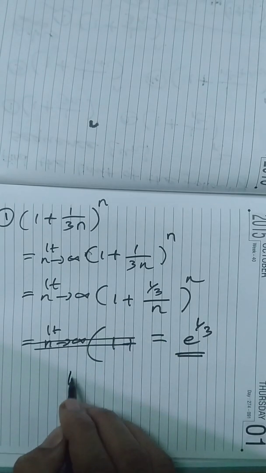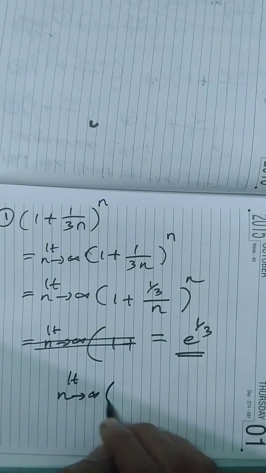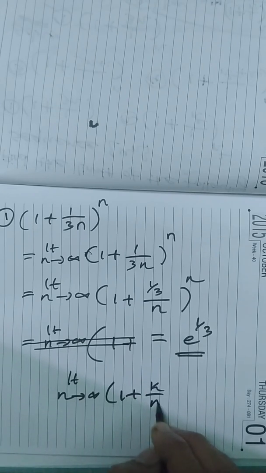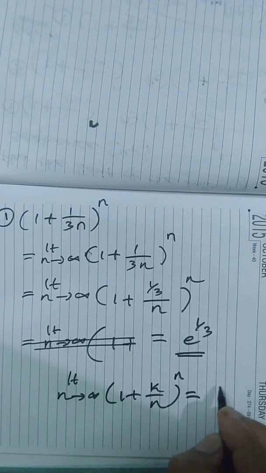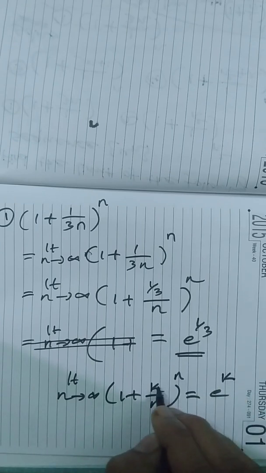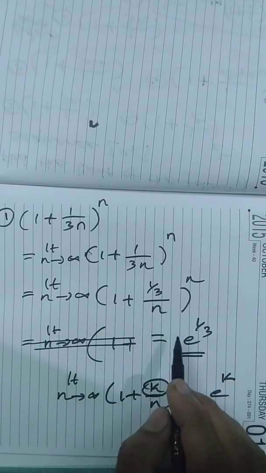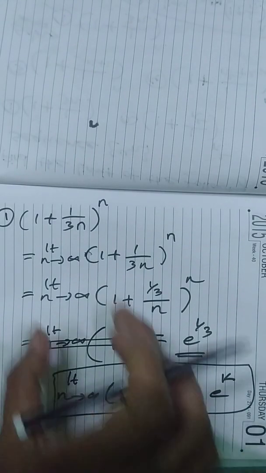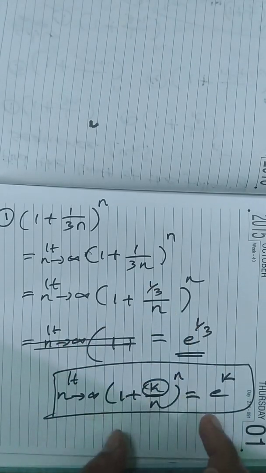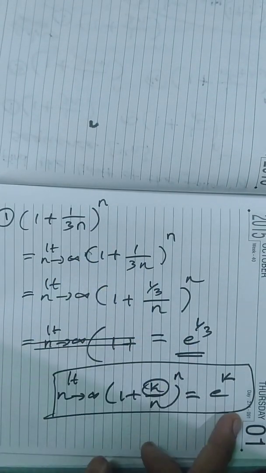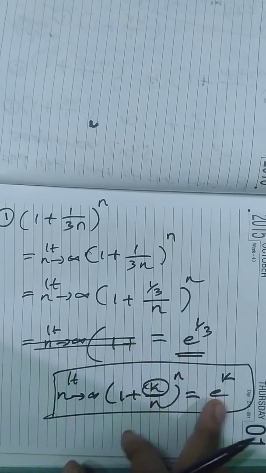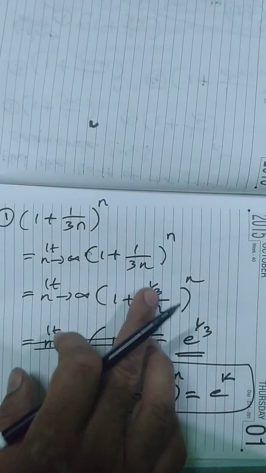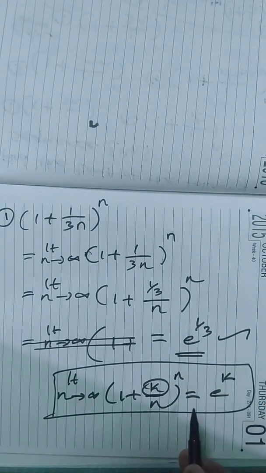Because we know the result, 1 plus k by n power n gives e power k, and where k is, here we have 1 by 3. So first we bring this pattern, and then immediately we can apply this result. Here instead of k, we have 1 by 3. So e power 1 by 3 is the answer of the first problem.